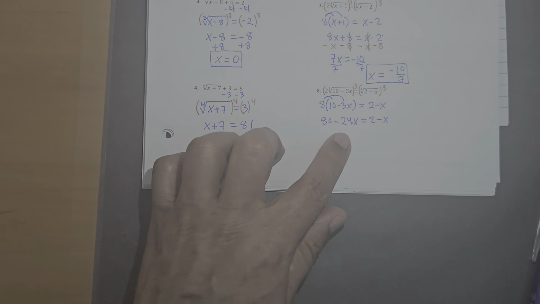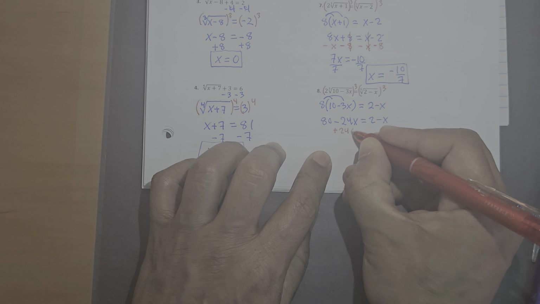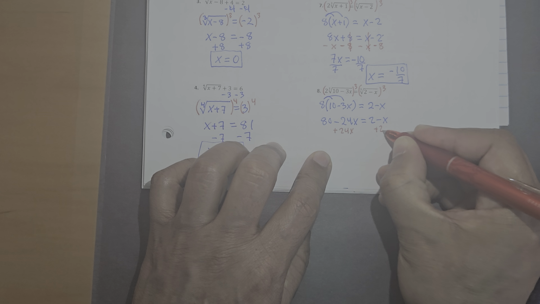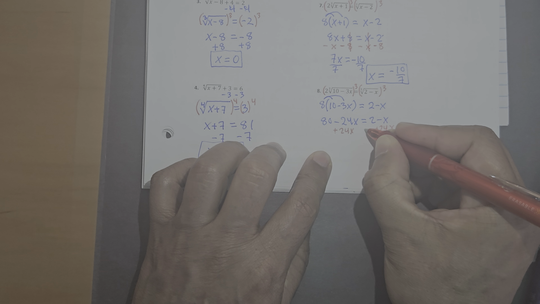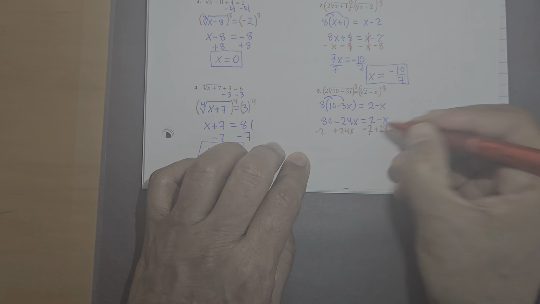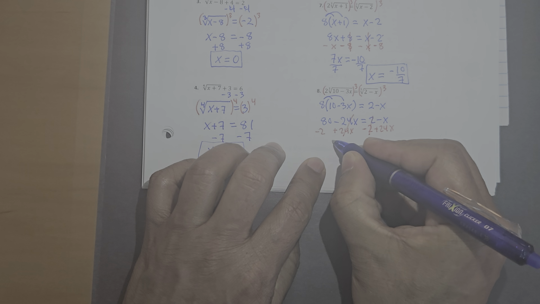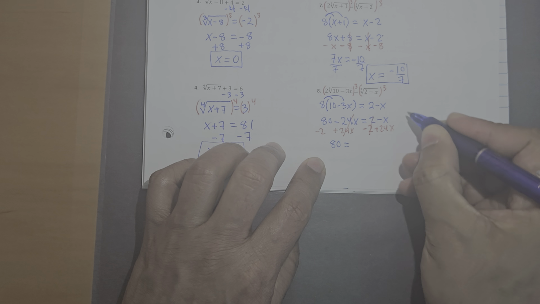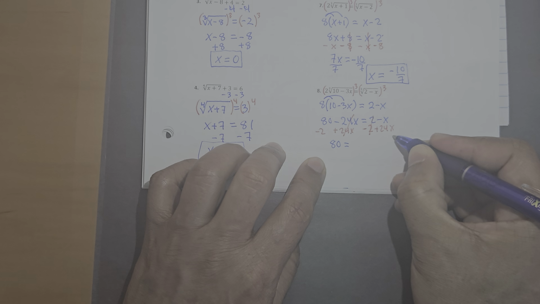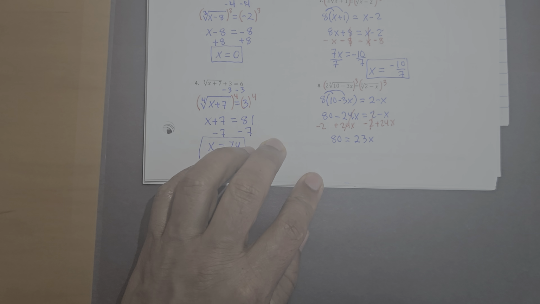And now let's have the x's on the right side. So I'm going to add 24x to both sides of the equation, and I'm going to subtract this 2 from both sides. So the 2's cancel here, and the 24x's cancel. Then we have that 80 is equal to negative x plus 24x, that's equal to 23x.